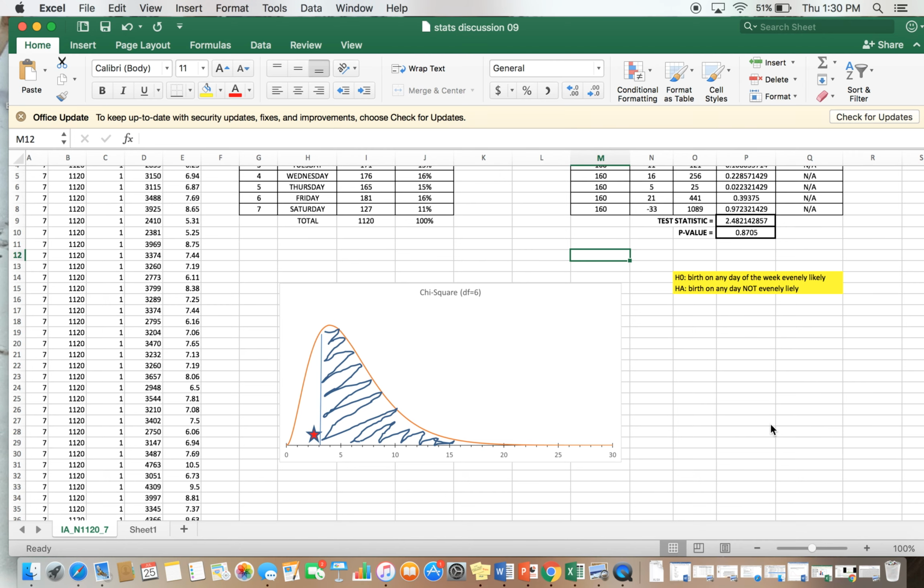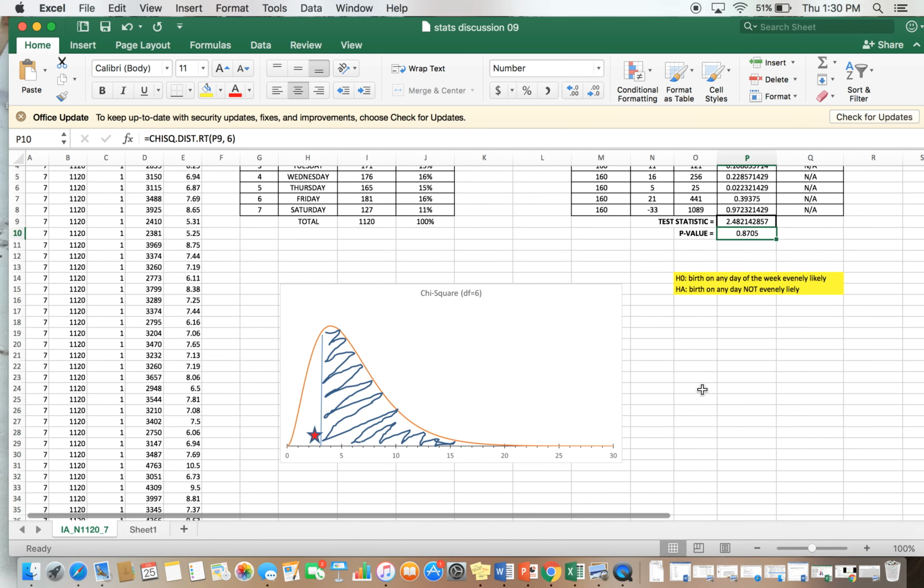To get the exact value of what is shaded, I calculated the p-value, which would give us about 87%. We would expect results at least this extreme about 87% of the time. So we are clearly in the right to accept our null hypothesis.